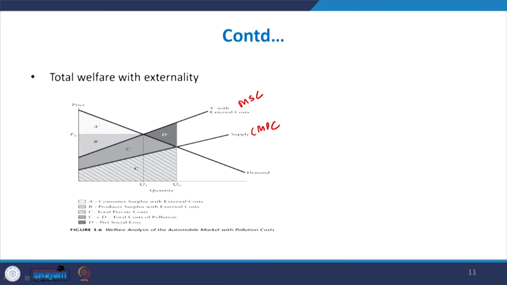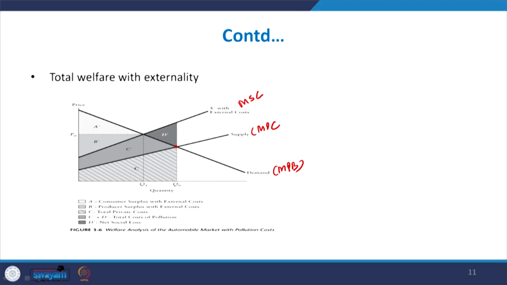Marginal private cost intersects marginal private benefit at this point, so equilibrium is at OQ level of output.